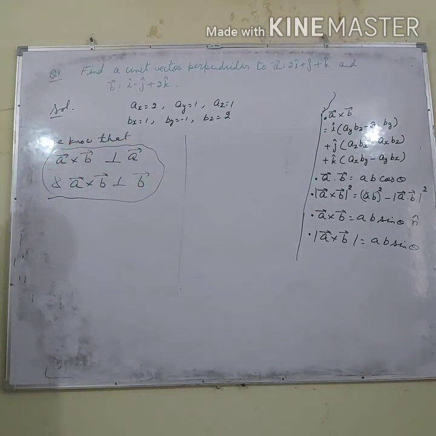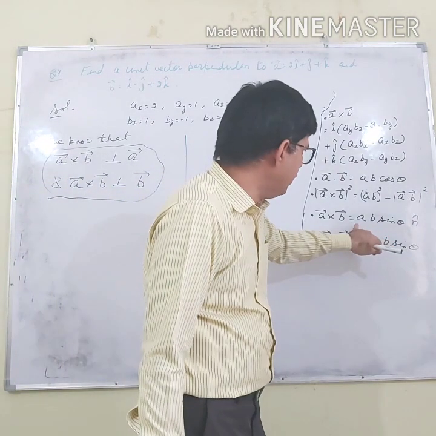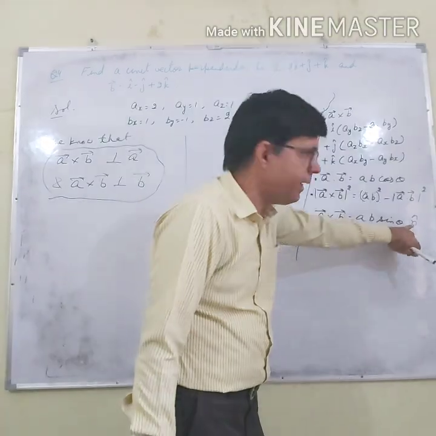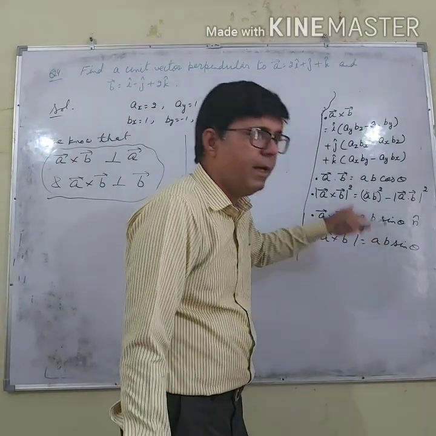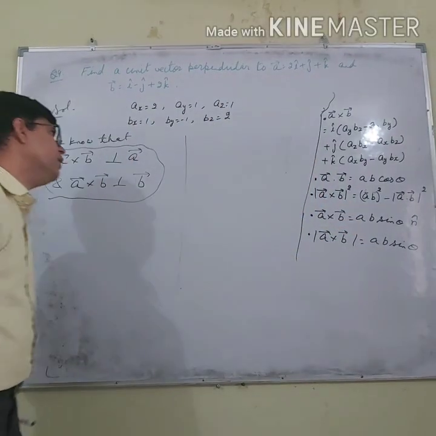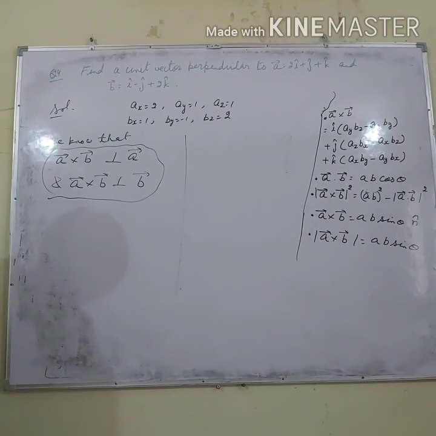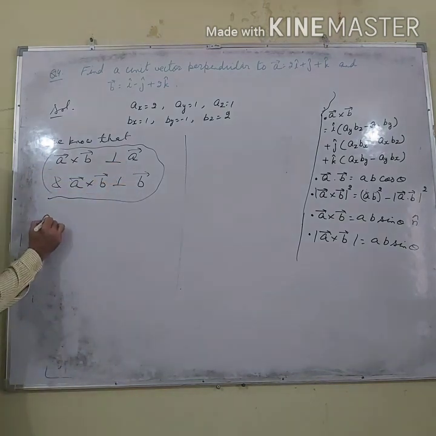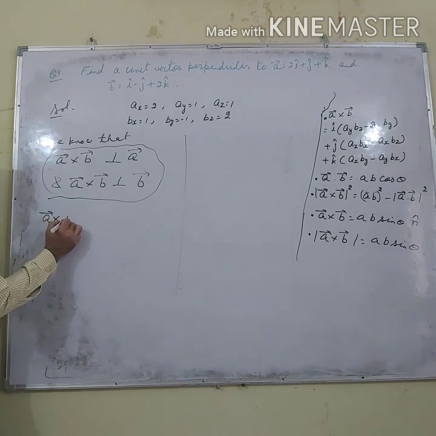The cross product is always perpendicular to both. Why? Because the direction of the cross product is n cap, and n cap is perpendicular to A and perpendicular to B. So I can say A cross B is perpendicular to A. So if I can find a vector which is perpendicular to both A and B, for that I have to find A cross B.